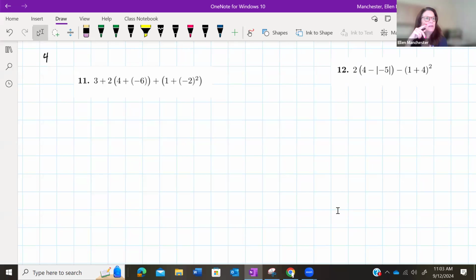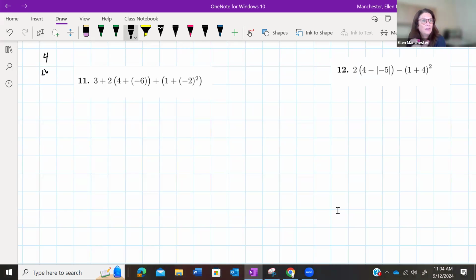Did you get the answer yet? That's okay. Tell me what you got. 26. Okay. Did you already look to see what the answer is? So look and see as you're waiting: did I do parentheses first?